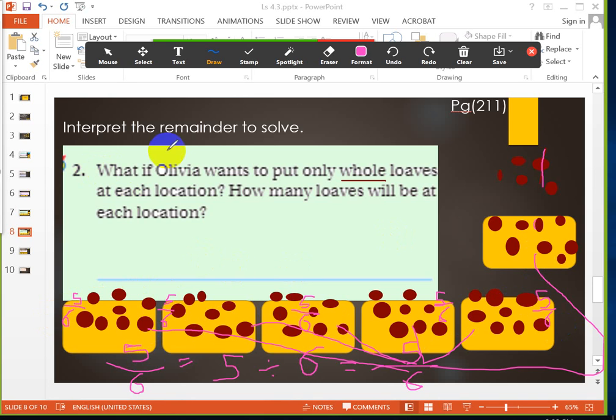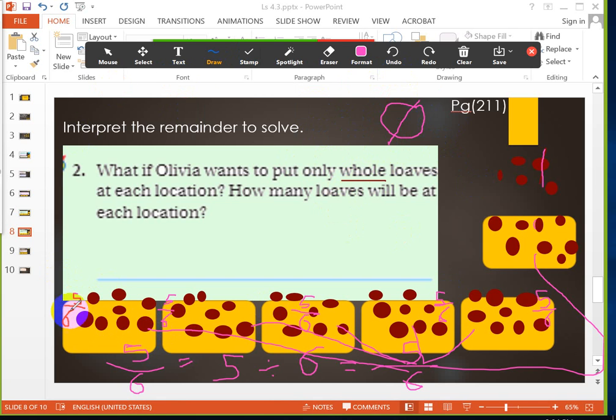But if Olivia wants to put only whole loaves, that means I want to put the number of loaves, and I don't want to divide the loaves. That means I don't want to cut it. I want to put it whole, like this. That means how many whole loaves will I put.